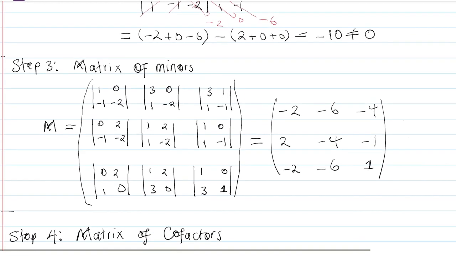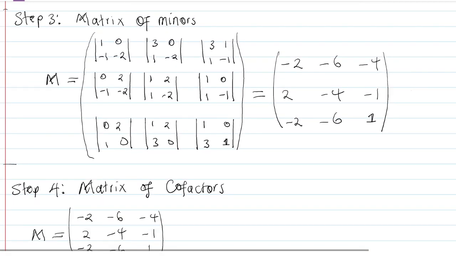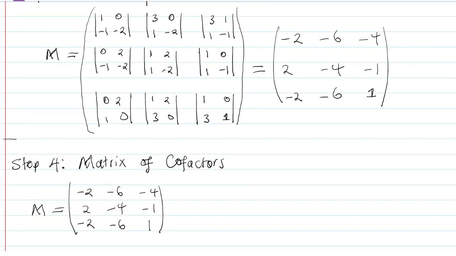Next, we are going to find the matrix of cofactors. Simply, the matrix of cofactors is just the matrix of minors that has been assigned the corresponding signs.